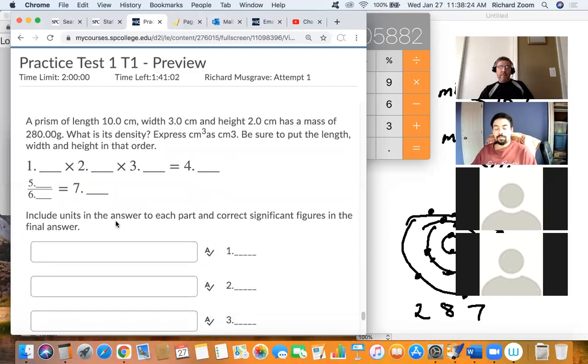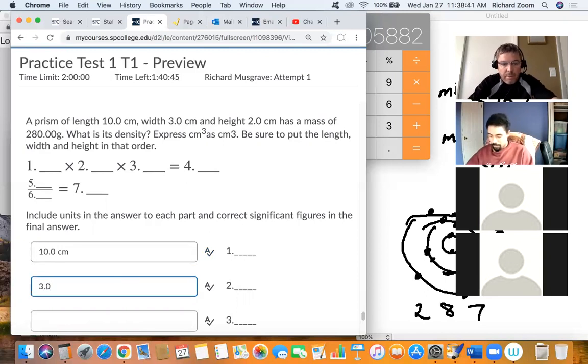So the next one, we've got a prism, and those go in order, length, width, and height. So you just plug them in the order that they appear here. So 10.0 centimeters. Again, it has to be 10.0 and just not 10. 3.0 centimeters.